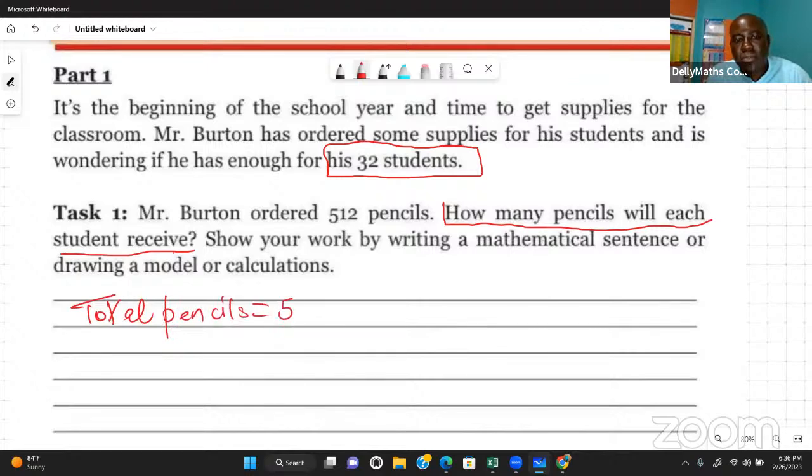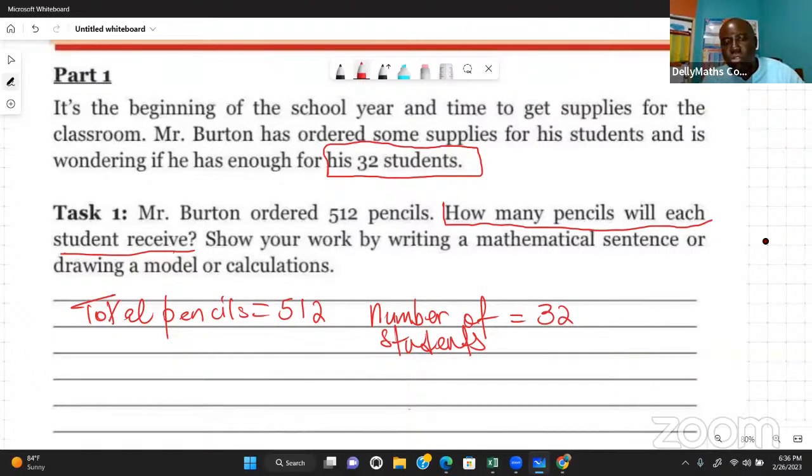He has 512 pencils. Now, the number of students he has, he has 32 students dealing with, right? So we're talking about he has 32 students, he has 512 pencils. How many will each get?